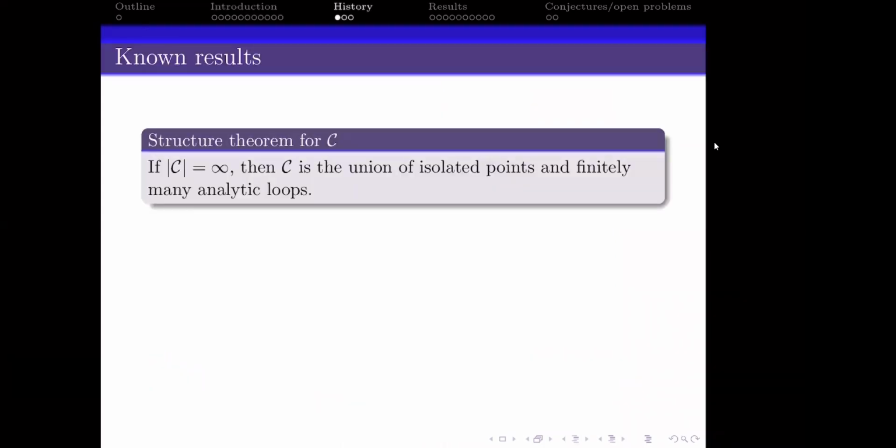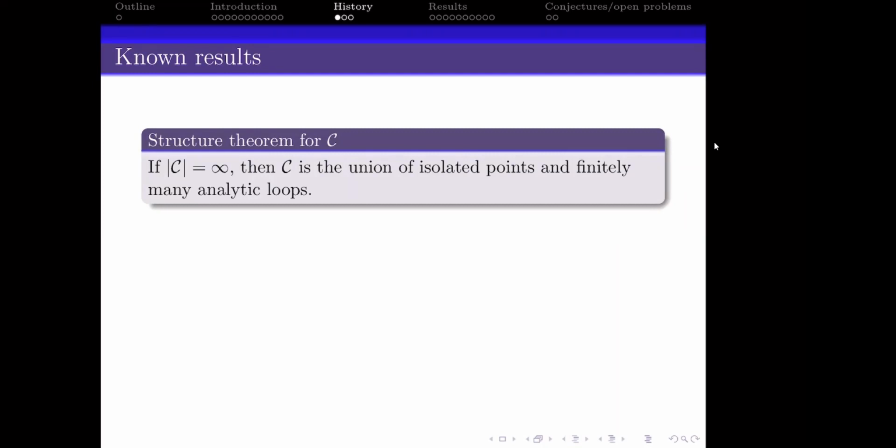Okay, so let me tell you now a few known results, the history of this. As I mentioned, you can have a set of critical points for this landscape function. It can be infinite, but if it is infinite, there is a very nice structure theorem: if there are infinitely many critical points, then it has to be essentially finitely many analytic loops.